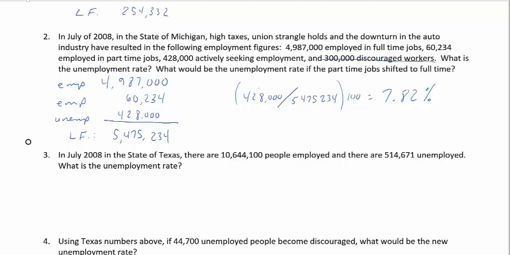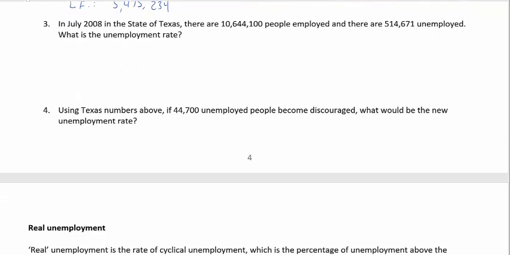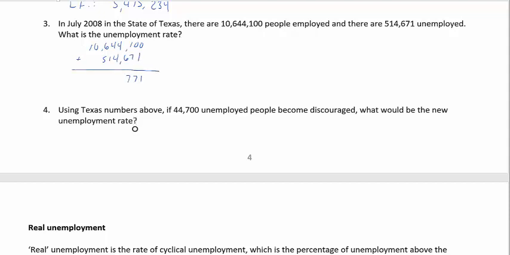All right. Number 3. In July 2008, in the state of Texas, there are 10,644,100 people employed. So we've got this many employed, and we got this many unemployed. They are added up to get the labor force. So I'm doing this in my head this time. Hope I did that right.